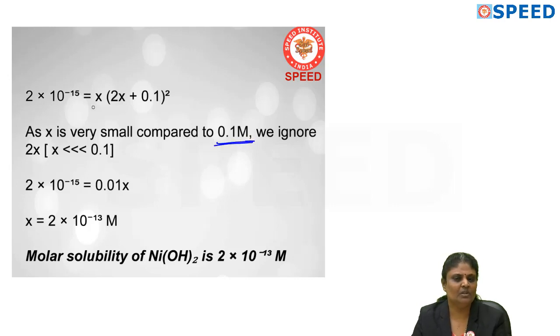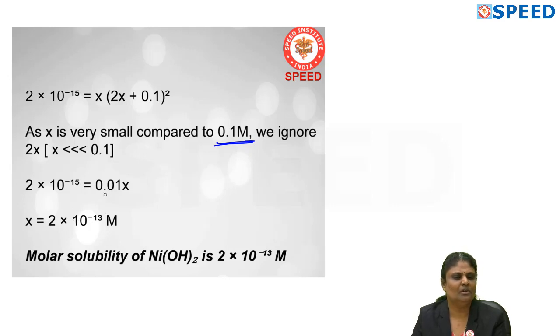So we ignore this 2x part, and you only consider 0.1. So 2 into 10 to the power of minus 15 is equal to 0.01x. You consider this 0.1 squared, and then x is equal to 2 into 10 to the power of minus 13.